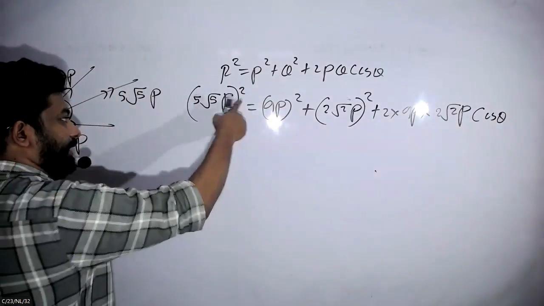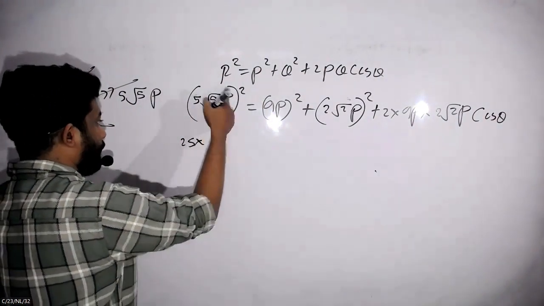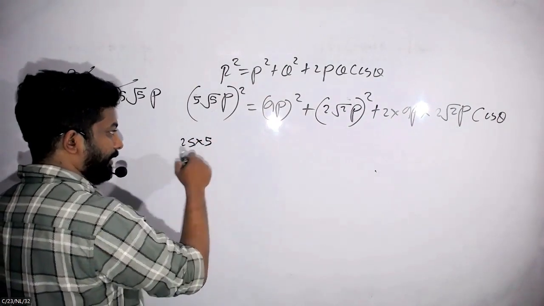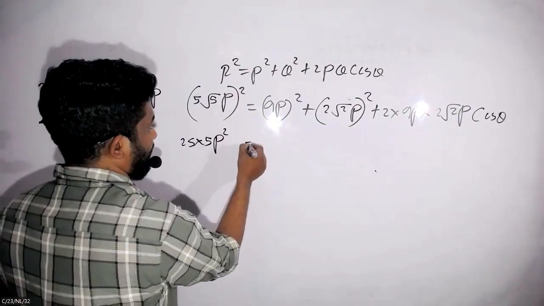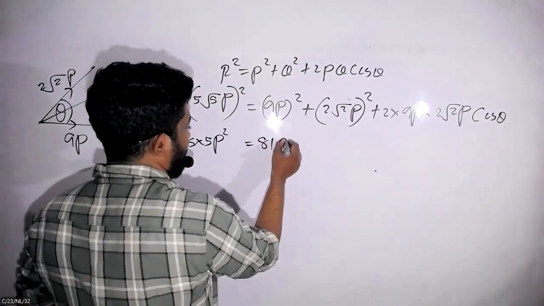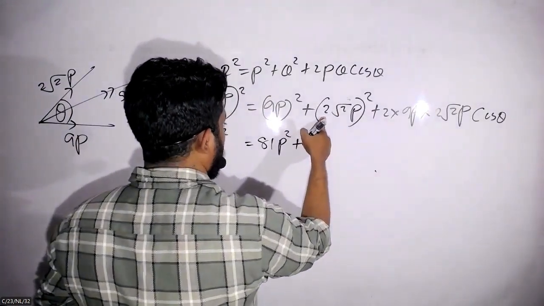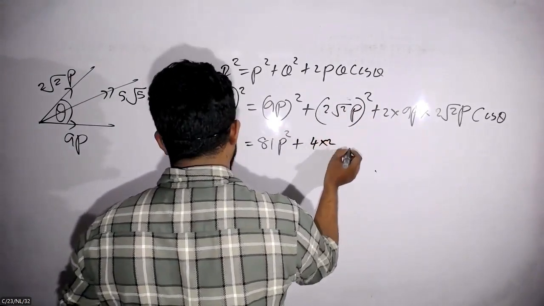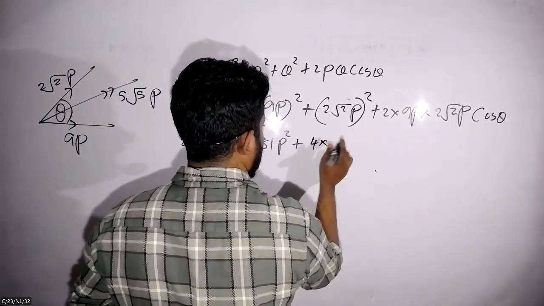Right? 5 squared is 25, root 5 squared is 5, root 5 into root 5 is 5, no? Then P squared. 81P squared, then 4 into 2 squared, 4 root 2 squared is 2, right?